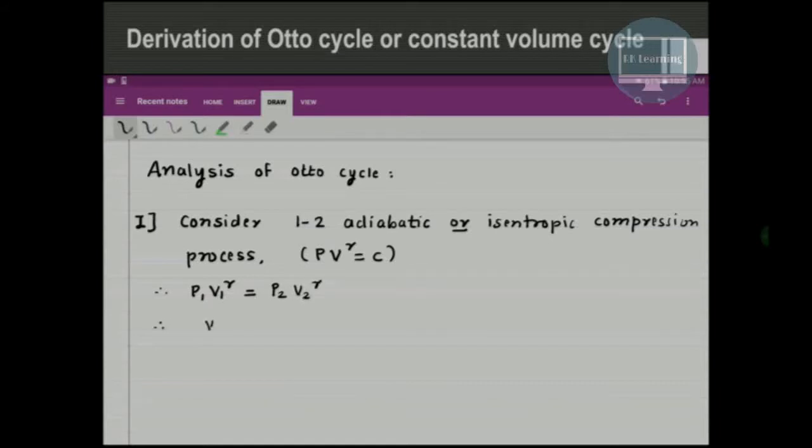Now just rearrange the term. So we can say that V1 raised to gamma divided by V2 raised to gamma will be equal to P2 upon P1. Or we can say that V1 upon V2 whole raised to gamma is equal to the pressure ratio P2 by P1. But we know that V1 upon V2 is nothing but what?